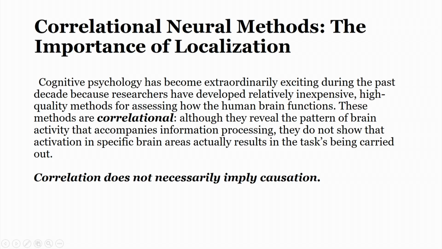In terms of brain-mind relations, it would be very difficult to find out whether the activation in an area leads to the mental processing, or whether mental processing leads to the activation in an area.